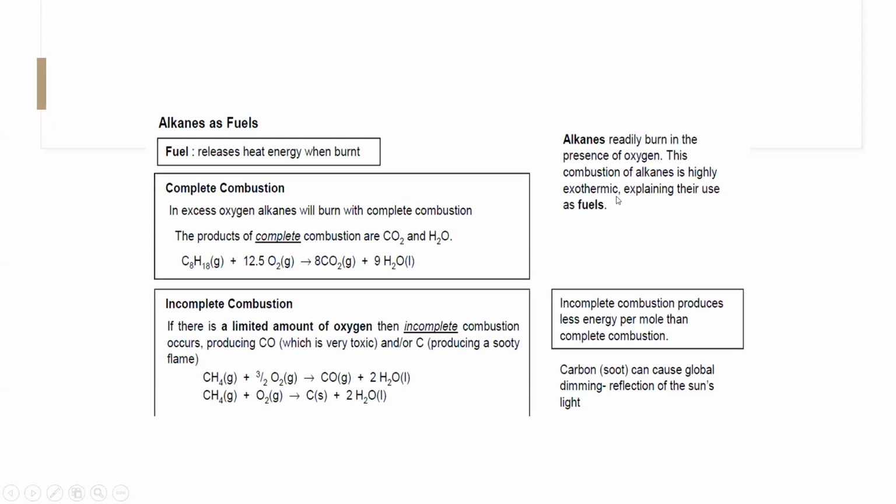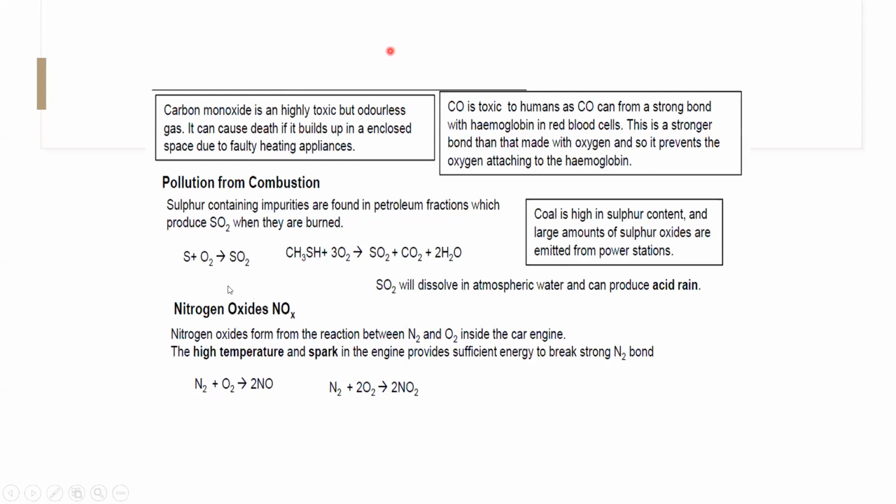And alkanes can be used as a fuel. How do we use them as a fuel? By burning. Complete combustion results in the formation of carbon dioxide and water, whereas incomplete combustion leads to carbon monoxide or unburned carbon, which is also known as black soot. Then the pollution from the combustion: because fossil fuels contain traces of sulfur, when we burn them they release sulfur dioxide, which can lead to acid rain.